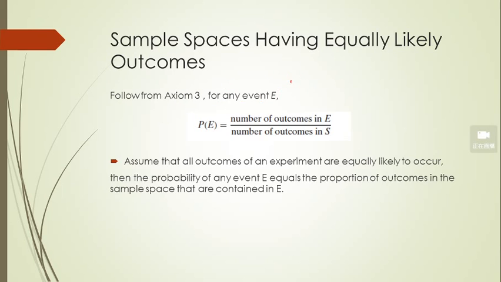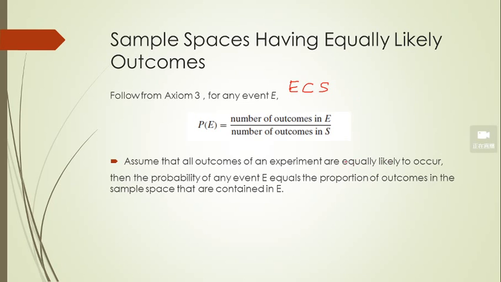We define the probability of event E as the number of outcomes in E over the number of outcomes in S. We use n to denote the total number of possible outcomes in the sample space, so it will be the number of outcomes in E over n.